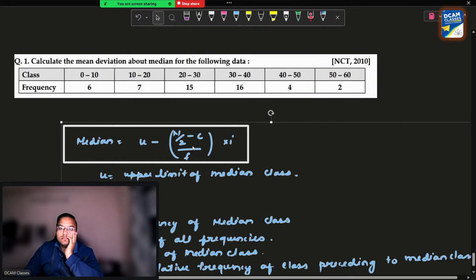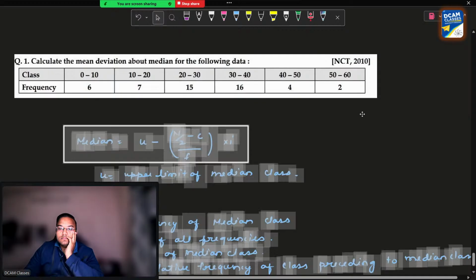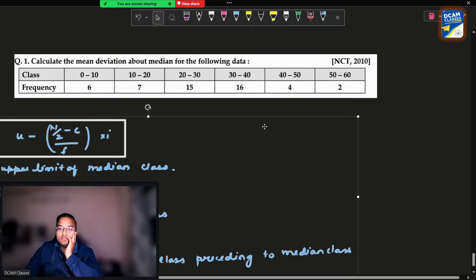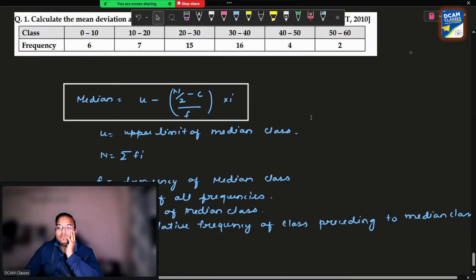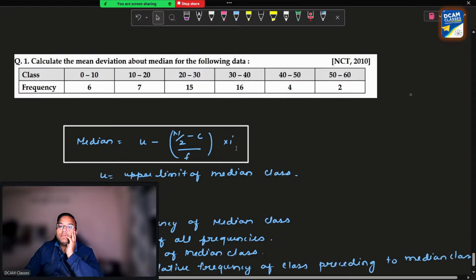This is the formula for finding out the median.